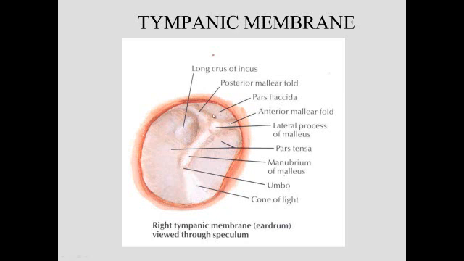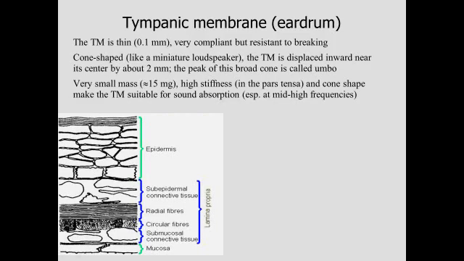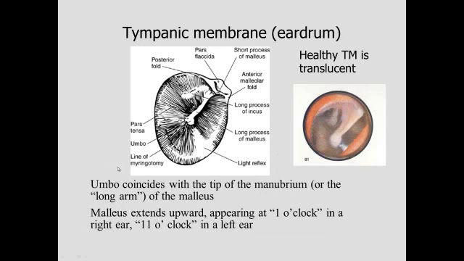So, owing to the composition of these tissue types and the way they're laid out on the tympanic membrane, it is the pars tensa that contributes by far the most to the transmission of sound through the eardrum and into the ossicular chain, or that chain of bones that forms the middle ear system.